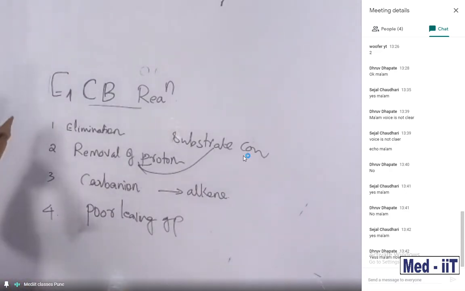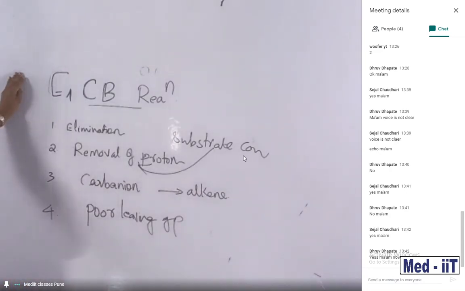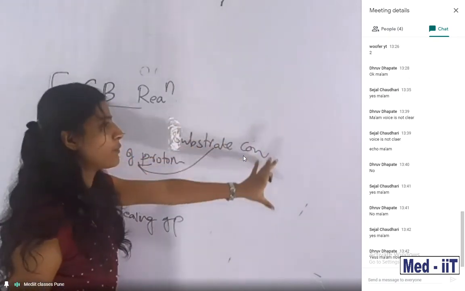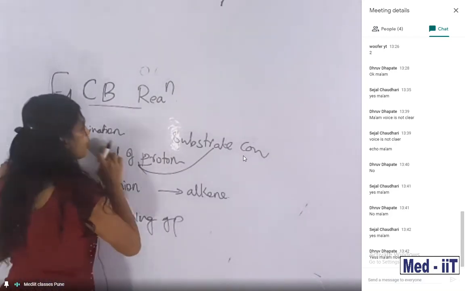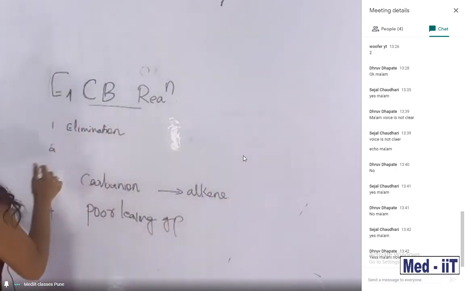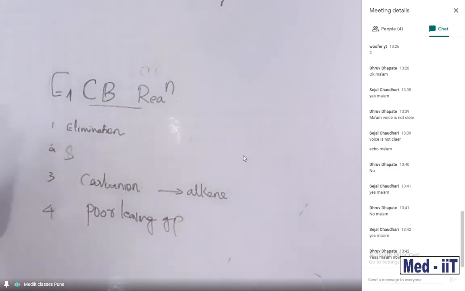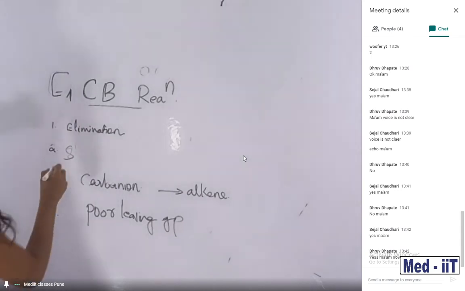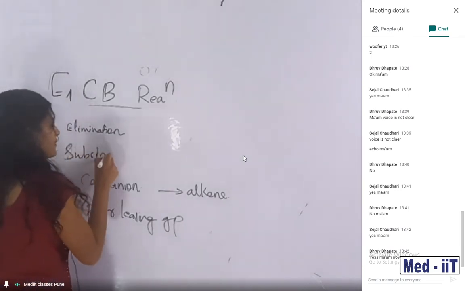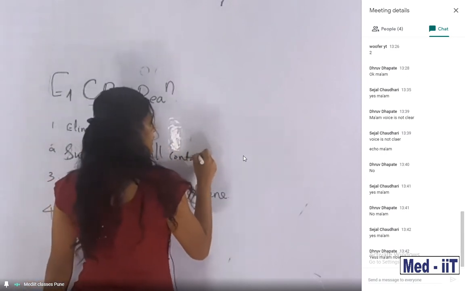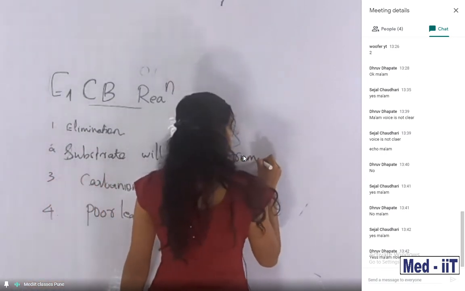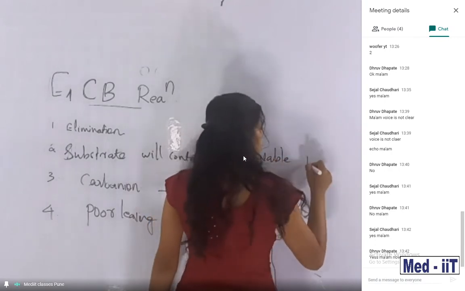So these are the conditions for E1CB. Okay. Elimination type reaction. Substrate containing a removable proton. You want to note this down. The substrate will contain a removable proton.